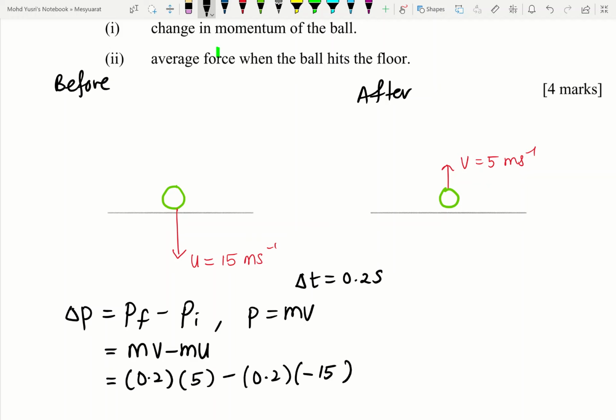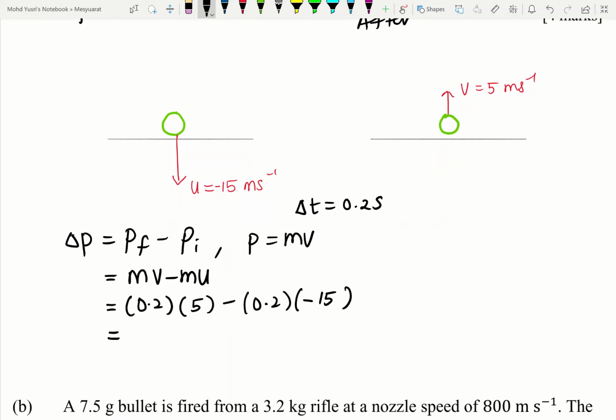Now, kenapa ia negative? Because from our diagram and from the question, the ball is dropped. When the ball is dropped, the ball is moving downward. So, the value of u have negative sign. Okay, so we can calculate the change in momentum, delta P, and we get the answer 4 kilogram meter per second. So that's for question number 3A1.